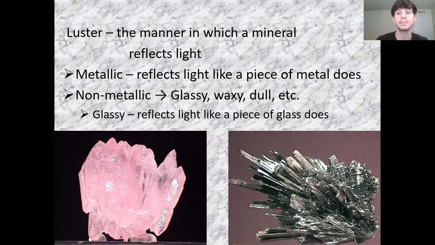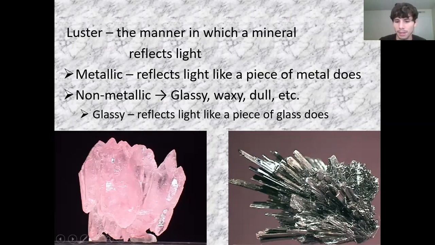It's a good starting point when trying to identify these minerals. If something is metallic, that already narrows your choices down, since of the minerals you guys will look at, there's not many that are metallic. I think these pictures do a good job. The one on the right would obviously be the metallic one, and the one on the left is non-metallic, glassy.